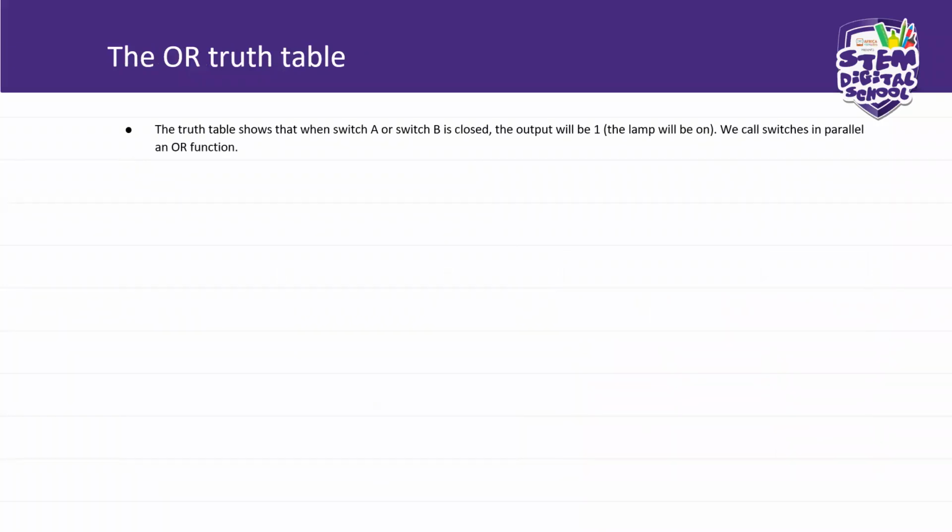The truth table shows that when switch A or switch B is closed, the output will be 1. The lamp will be on. We call switches in parallel an OR function. Okay. We have an AND and an OR function.